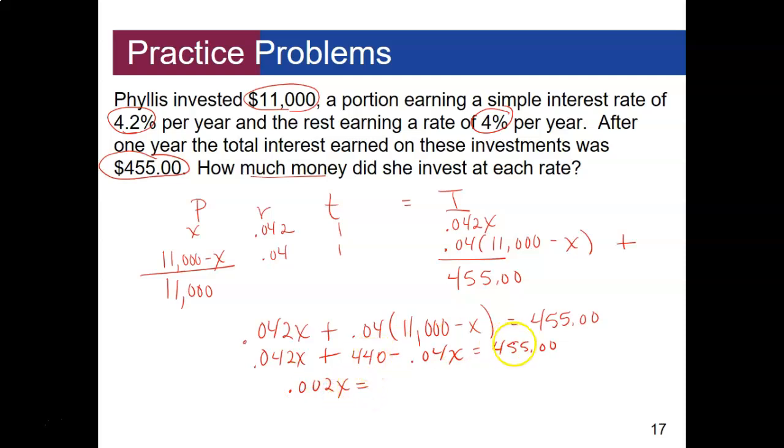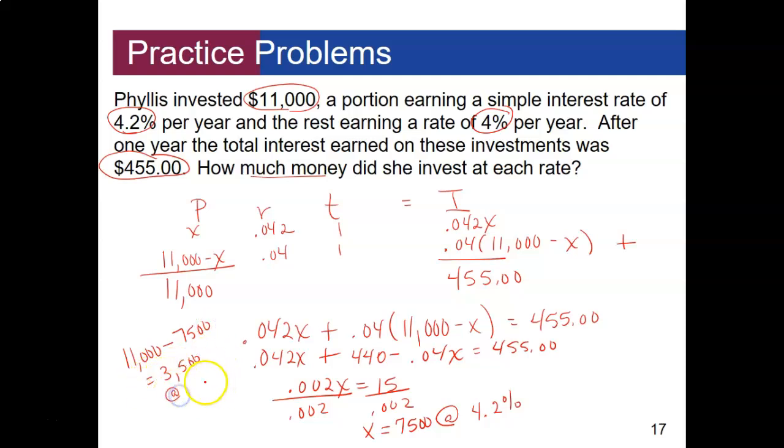Then if I subtract 440 from either side, I'm going to get 15. I'll divide by 0.002, and so I'm going to get x equals 7,500. The x represented the amount at 4.2%, so I'm going to have 7,500 at 4.2%. And then I'm going to do 11,000 minus 7,500, which is going to give me 3,500, and that's going to be at the 4%.